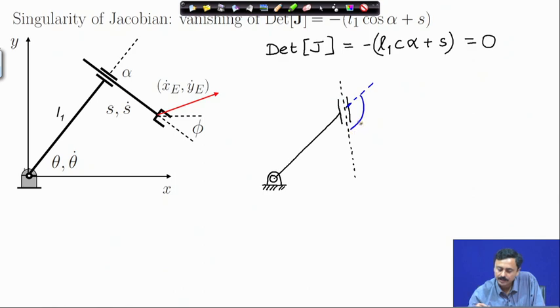So, this angle is alpha. This is L1. If this is alpha, then this is also alpha. So, L1 cosine alpha is a projection of L1 in this direction. Now, because the way I have shown alpha is greater than pi by 2, cosine alpha is negative.